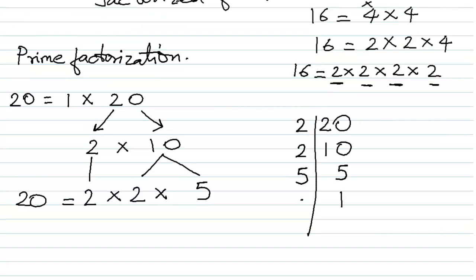Let's take another example. The second example, let's take 48. Now we know 48 is 1 48s, but then we can split 48 as 2 24s. And then we know 2 is a prime number, so we are going to just bring it down as it is. But then we are going to split this 24.